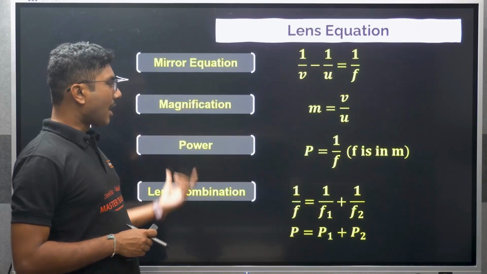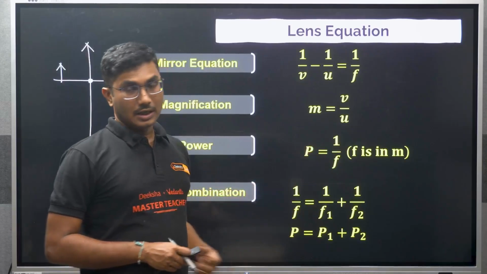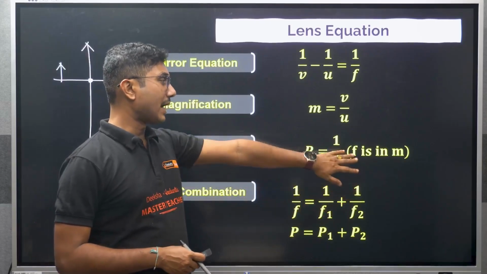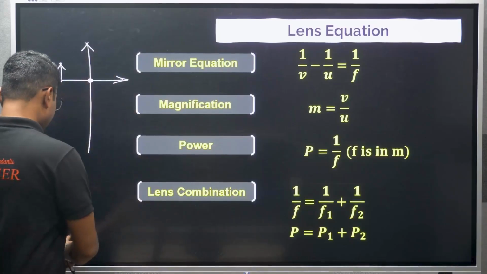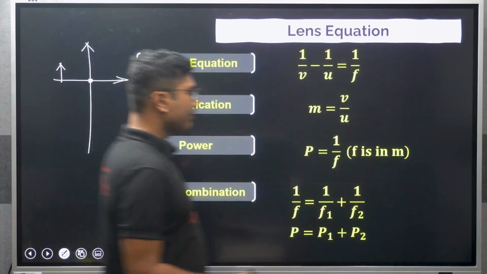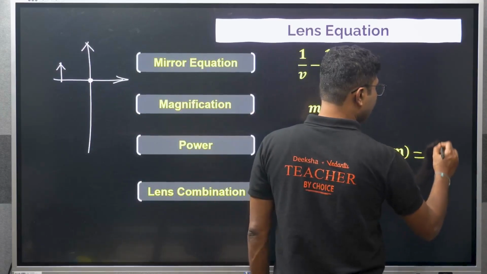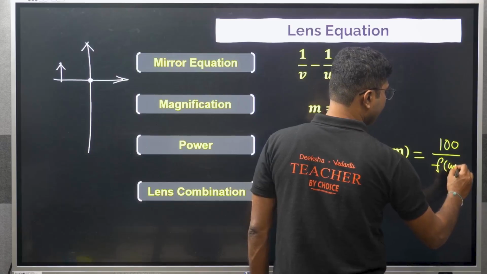Now power is given by 1 upon focal length. Here be very, very careful that this focal length is measured in meters. In case you are measuring focal length in centimeters, then the power becomes 100 by f, where f is in centimeters.